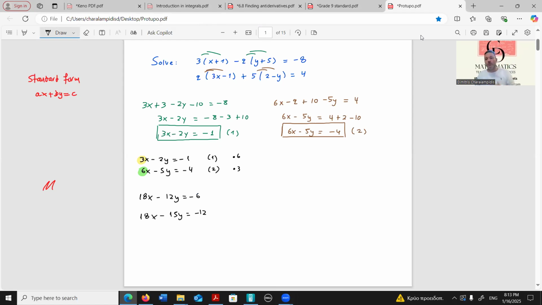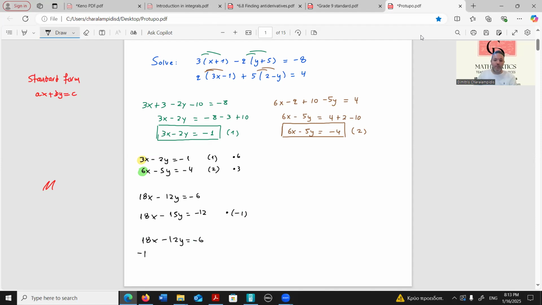Remember that this is a good checkpoint that things are working well. I chose to eliminate x at this point. I should have had the x's being equal. They are. And right now, I'm going to multiply the second one by negative 1. So I'm going to keep the first one exactly as it is, equals -6. And on the second one, I should change the signs.